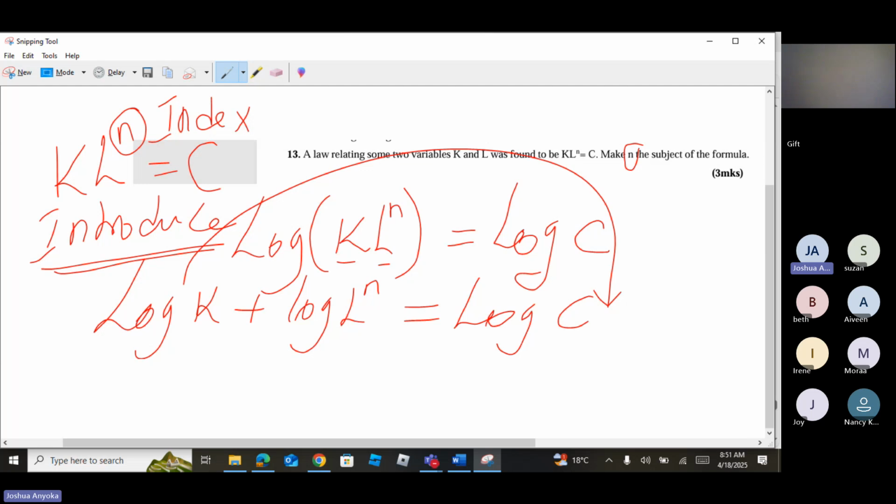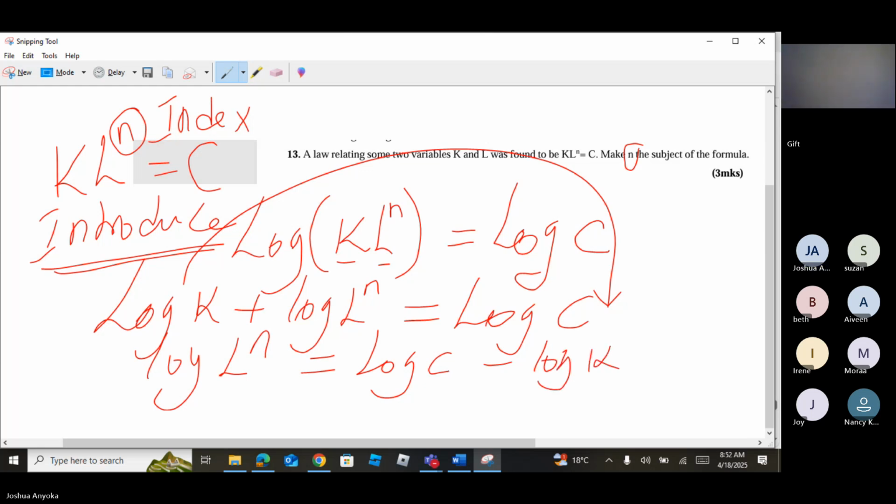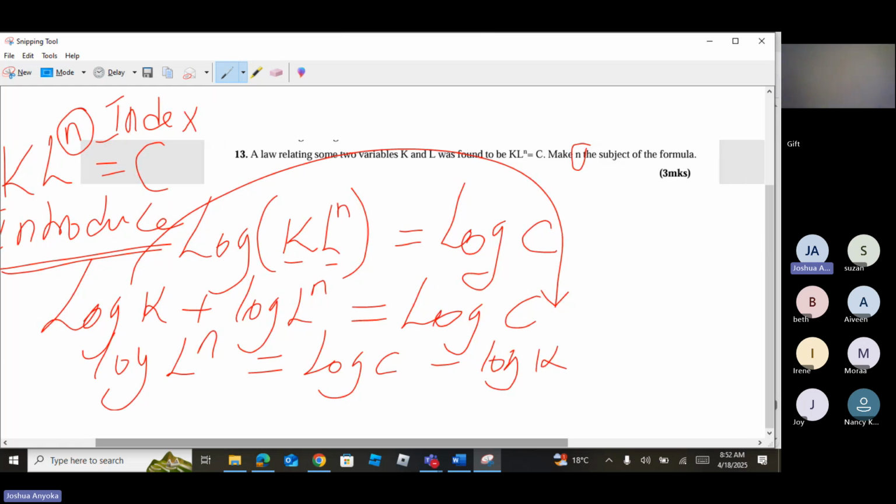So we remain with log l power n is equal to log c minus log k, because we have taken log k to the other side, so it becomes negative.